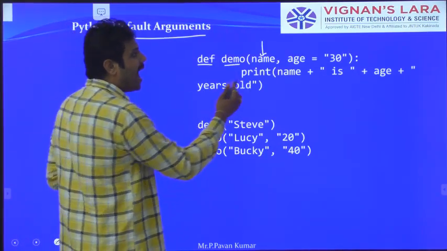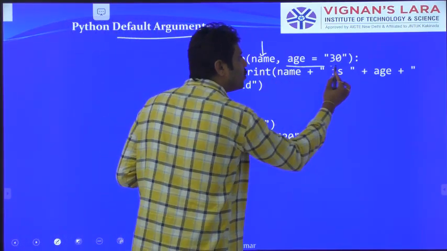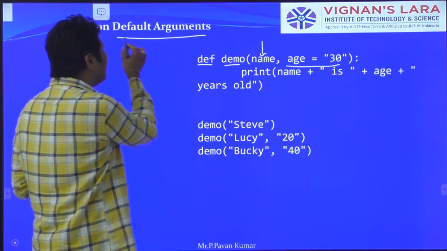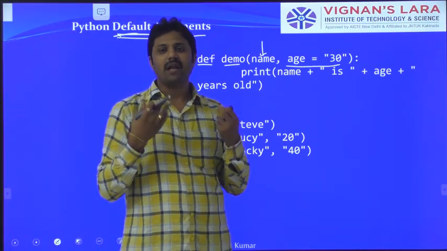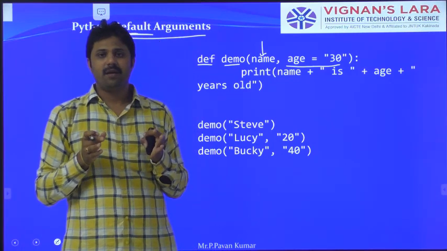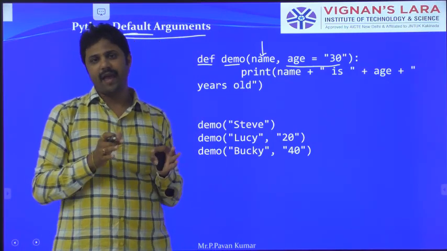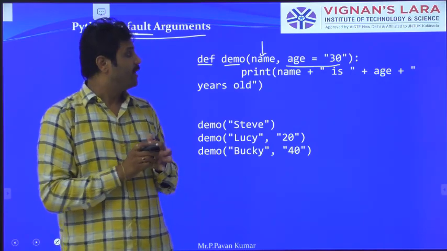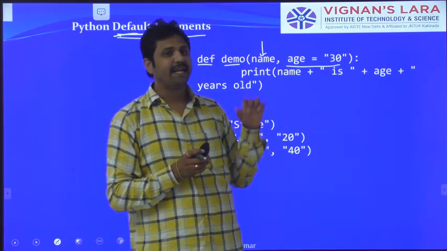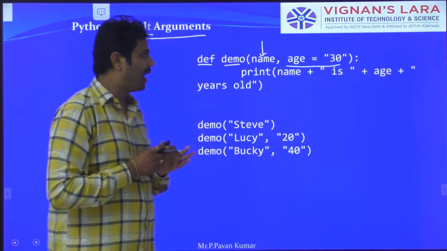But here I am mentioning age equals to 30. This is nothing but default. By default age is 30. If you give any age, it will take that age. Otherwise, it will take age as 30 by default.